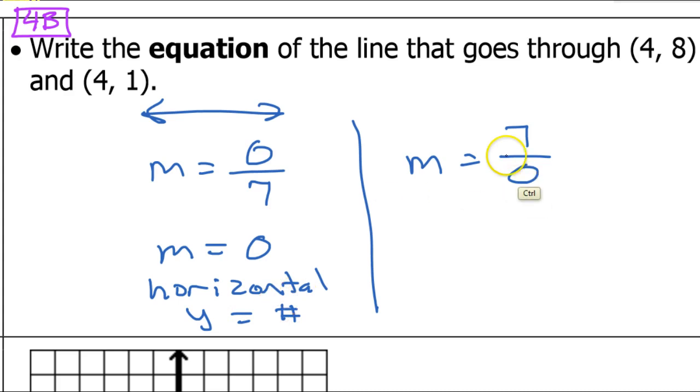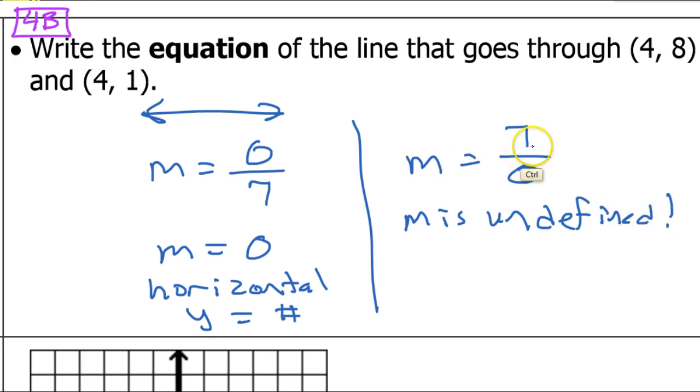Now what if I get this? If I get 7 divided by 0, this is undefined. You can't divide by 0. This is undefined. That means that this is a vertical line, so its equation is x equals some number.